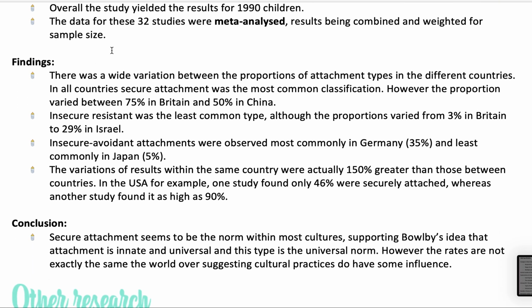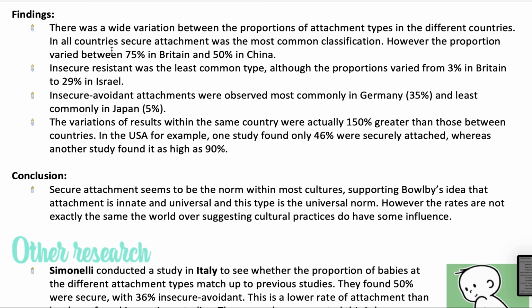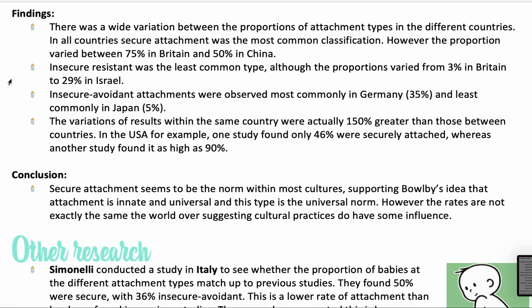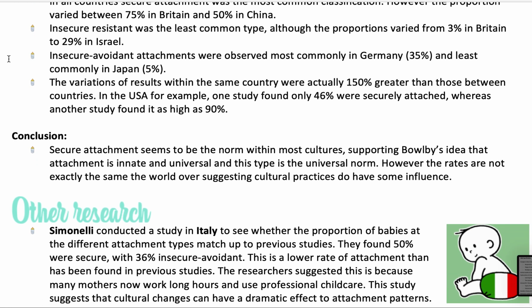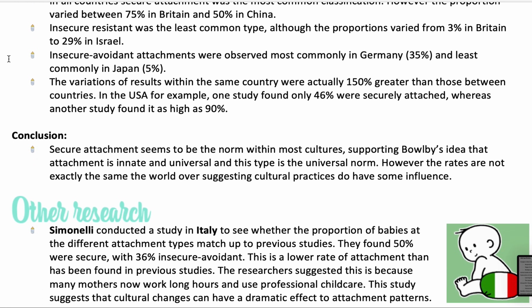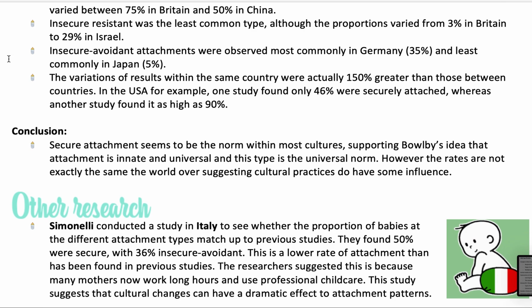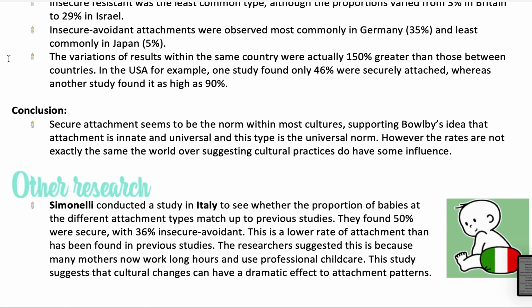The highest country was Britain, lowest China. Insecure resistant was the least common type. Israel and Japan were the countries that had the highest level of insecure resistant. Insecure avoidant was most commonly seen in Germany, with 35% there, least common in Japan.